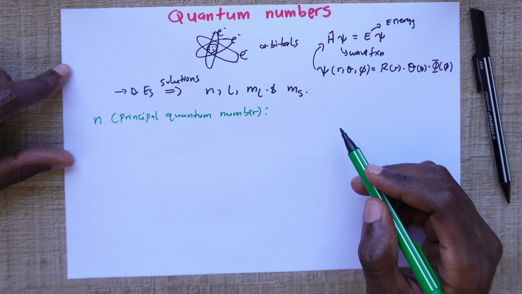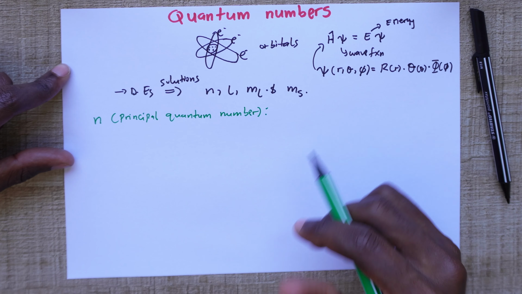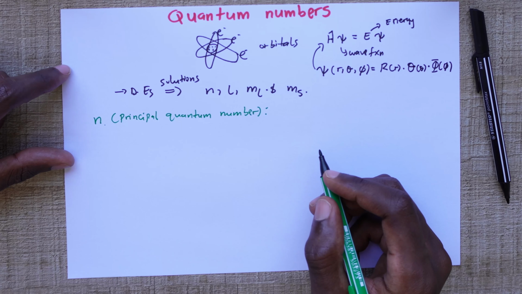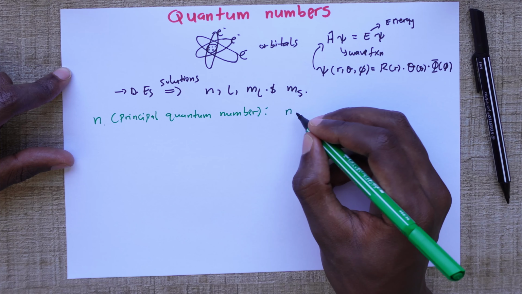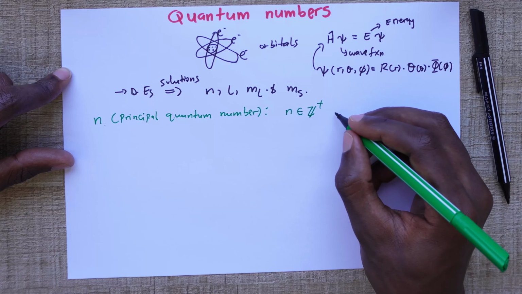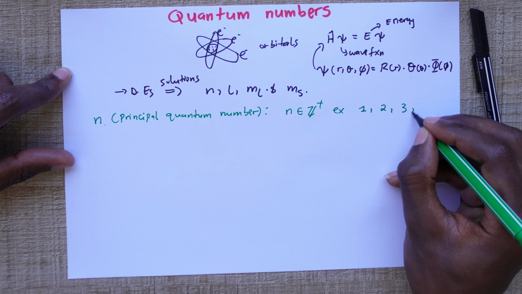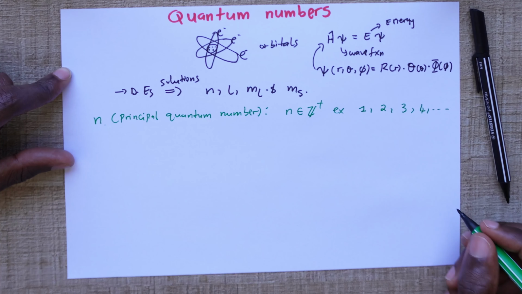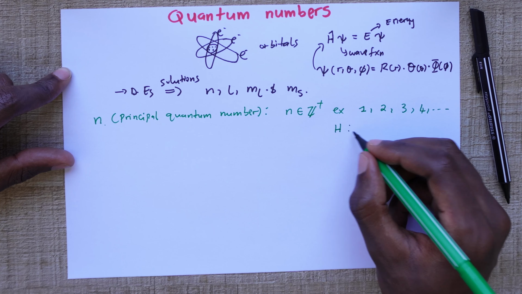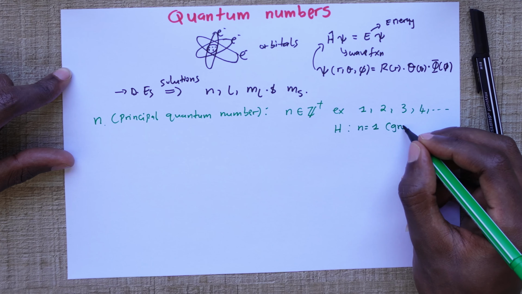Or to say it in another way, the higher the shell that the electron occupies, the higher its energy, and the higher the principal quantum number. n takes positive integer values. So n can be 1, 2, 3, 4, etc. For example, the hydrogen atom has 1 electron, so n is equal to 1, and this corresponds to the ground state.